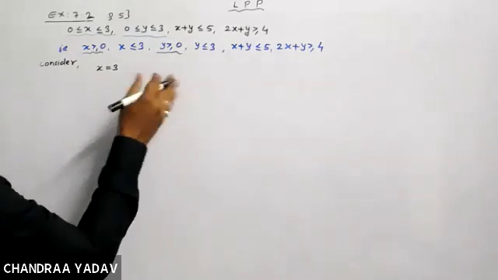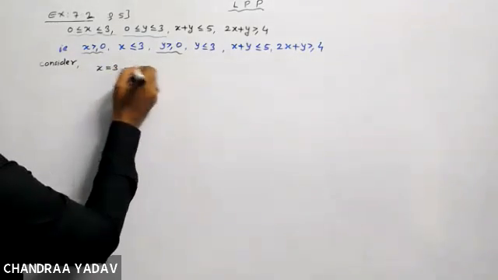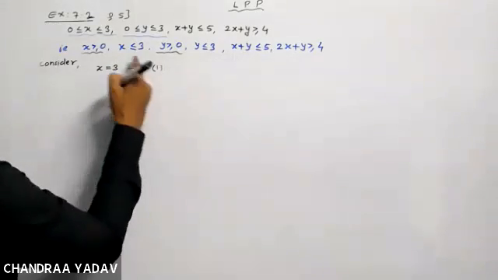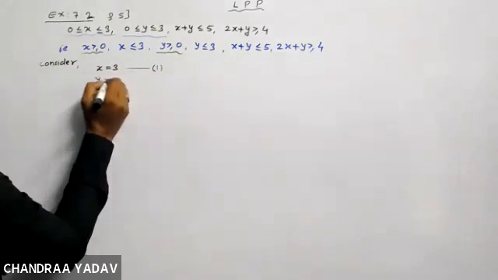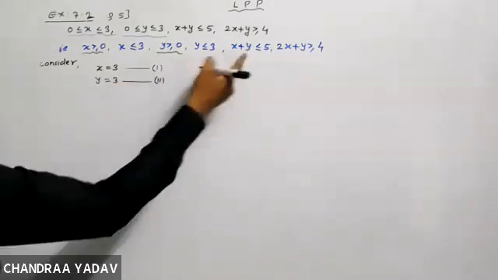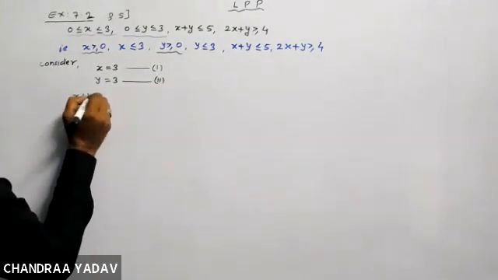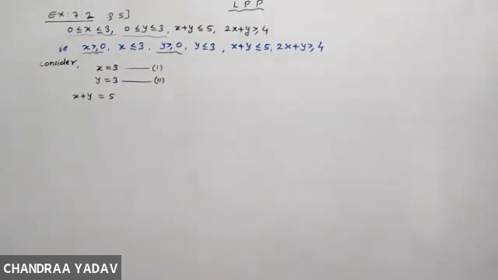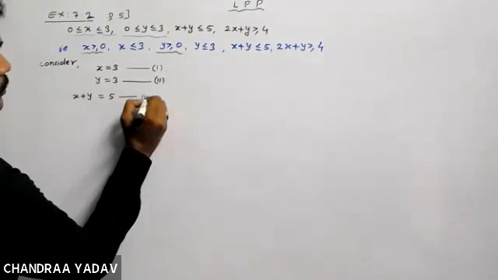So here there is no need to consider anything when x is 0, because it is parallel to an axis, which you know. Say it is equation 1, then y equals 3, say it is second, and then we'll go to this one, x plus y is equal to 5, say it is equation number third.